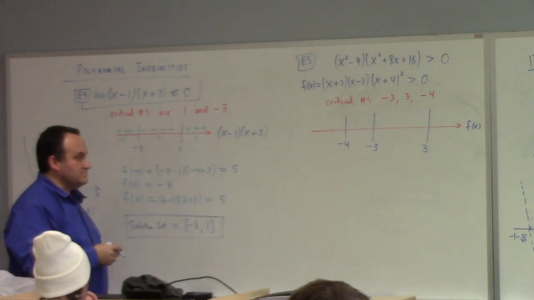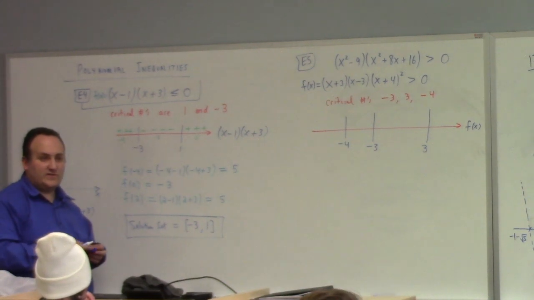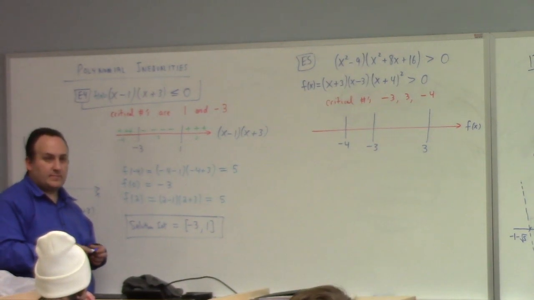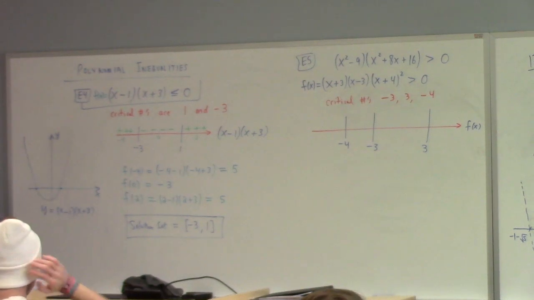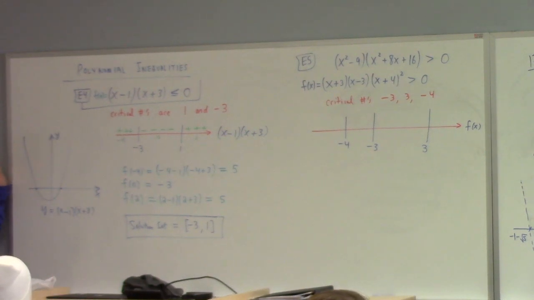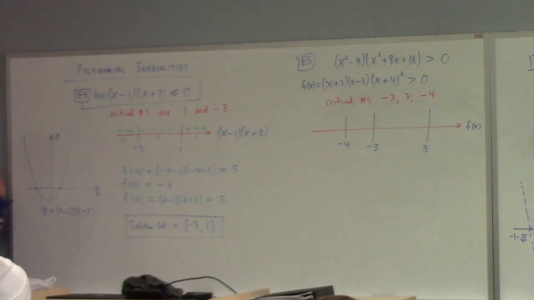Now, we need to test points in each region. The logic here, guys, is that the only way a polynomial can change sign, go from plus to minus, is when it does what? When it crosses the x-axis. So if I can determine whether it's positive or negative between each x-intercept, like divide those up into subregions, then I completely understand the sign of it everywhere.